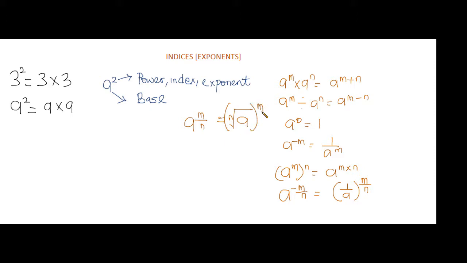And we have the final one, a over b raised to power of minus m over n, and this is equals to b over a raised to power of m over n. So now this is the fractional indices, and these are the laws.